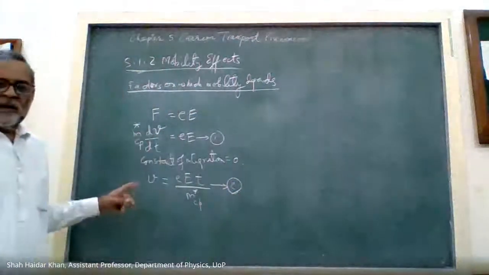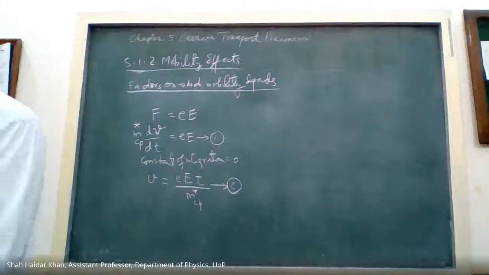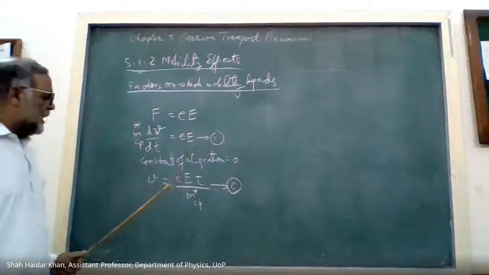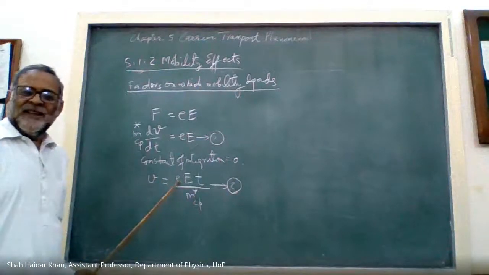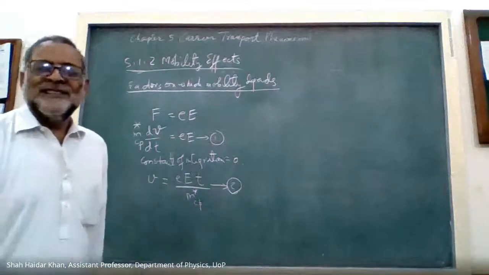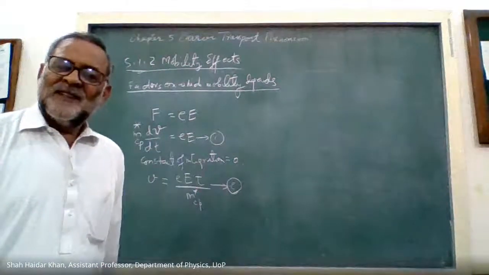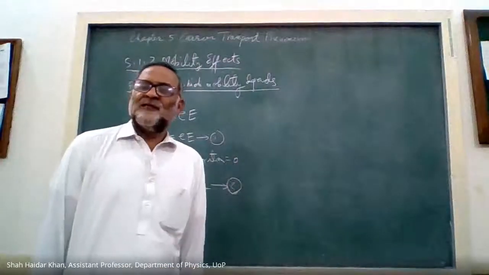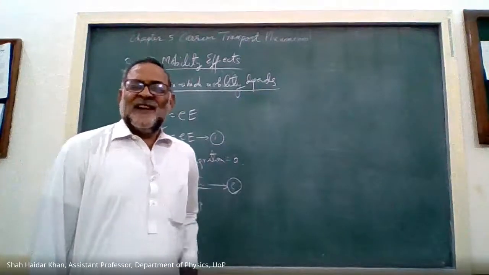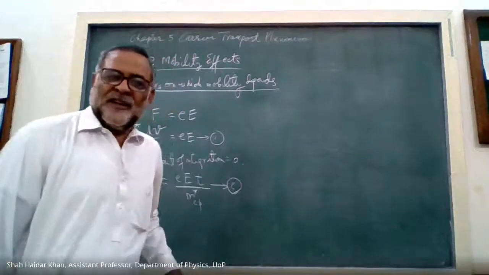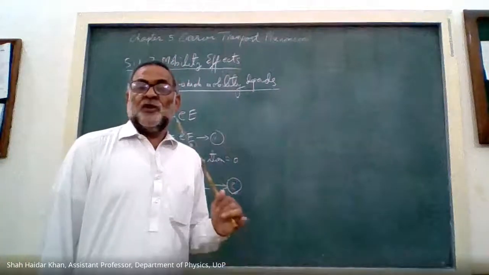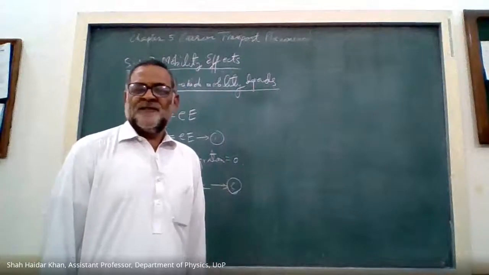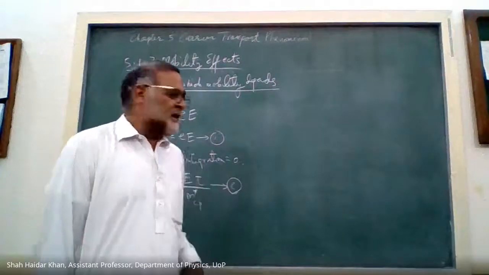Look, the velocity of the charge carrier depends on the electric field, and it also increases with time. It should increase with time because there is a force on it, and force produces acceleration, and acceleration will constantly change the speed of the charge carriers, right?